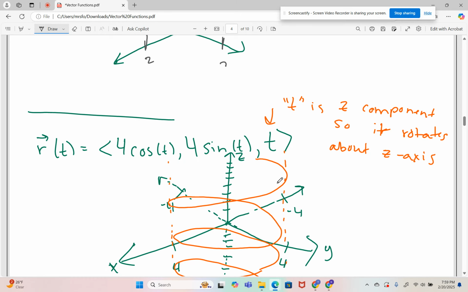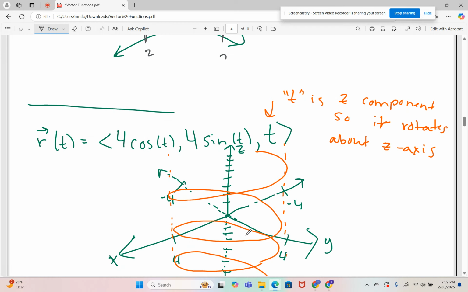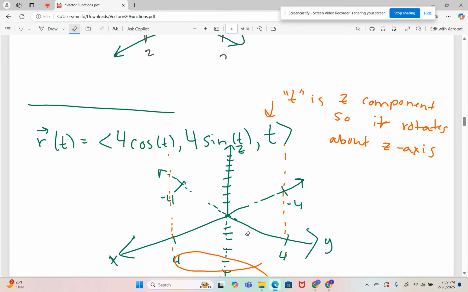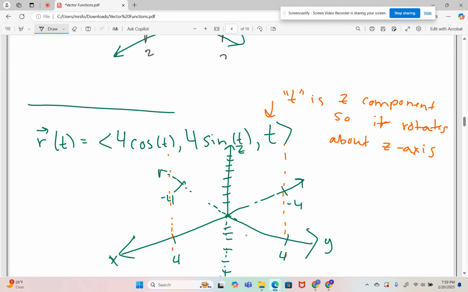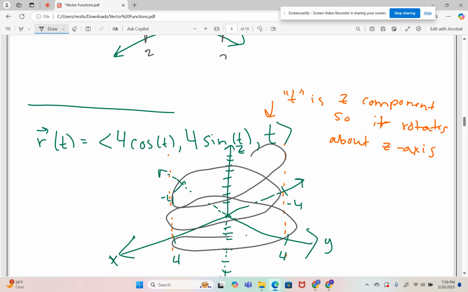Obviously this is not a good look. Let me see if I can make my helix look better. Probably not, but let's see. It wants to go around.